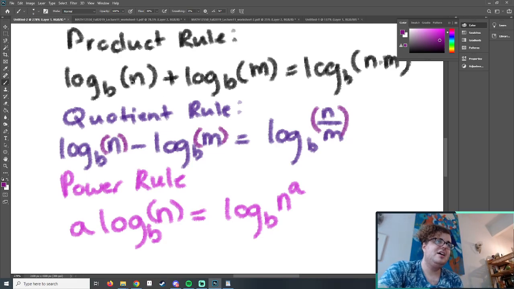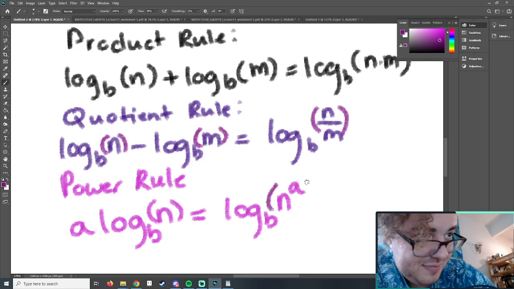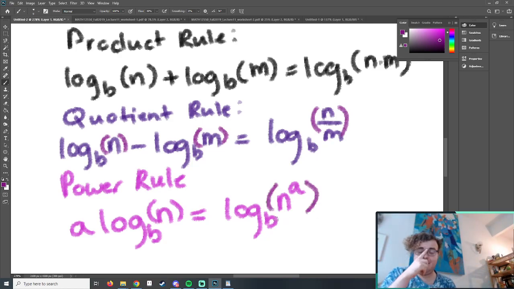The product rule says if you have added two logarithms with the same base, then you can multiply their arguments to get the new argument and combine them that way. The power rule says a number being multiplied on the outside of a logarithm is the same as the entire inside of the logarithm being raised to that power. And so, again, you can use this in both directions, right?